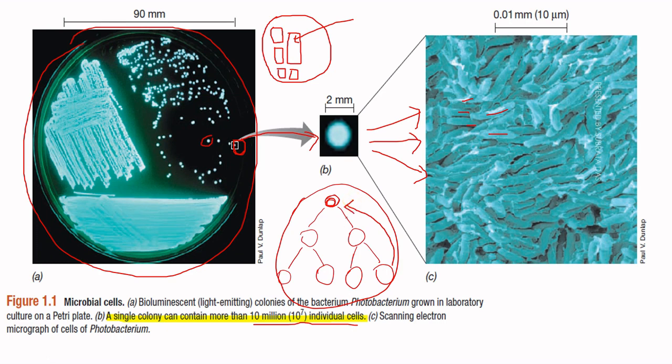So they all belong to the same species. Within a colony many microorganisms are there, and all of them belong to the same species. Okay, so this is the concept of bacterial colony and bacterial cell.